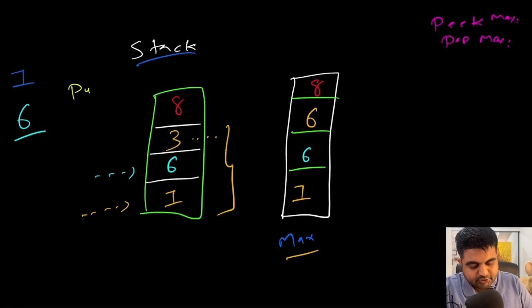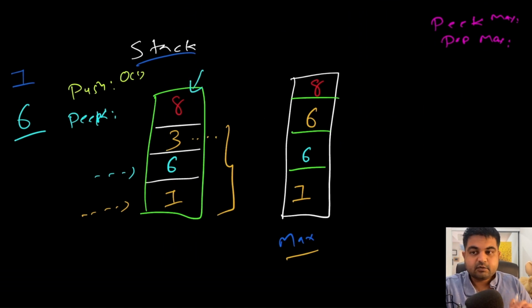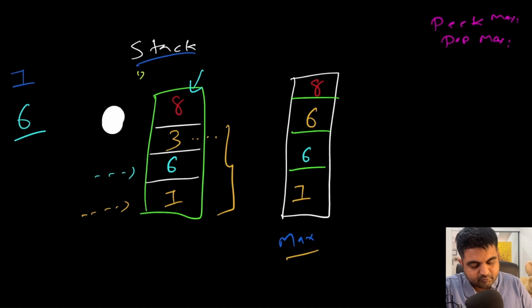Let's repeat what we have done. We did the push operation in big O of one time, no issues with that. Now at any given moment, we can also do the peek operation, and whatever element is located at the top of the stack, we should be able to see that. So this is also going to happen in big O of one time. So we already took care of two operations.